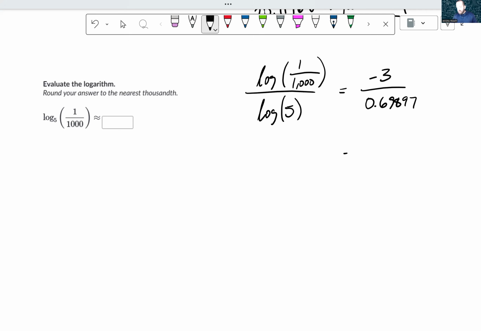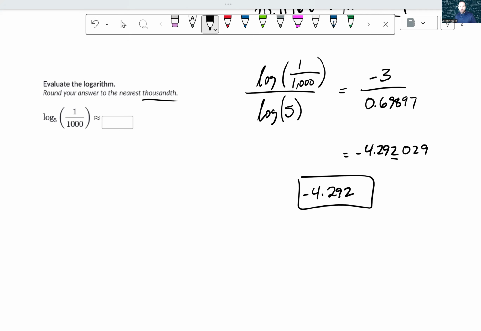And our final answer is negative 4.292. It goes out a little bit further, but we're just going to stop at the 2 because we want to go to the nearest thousandth. So negative 4.292 is our final answer for this one. Okay, so that's the change of base rule.